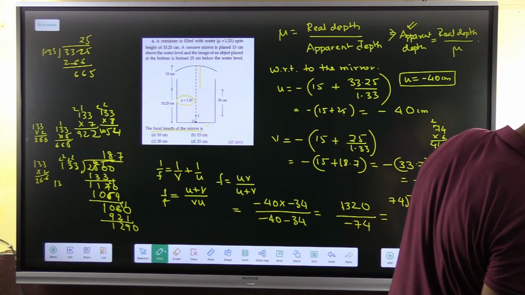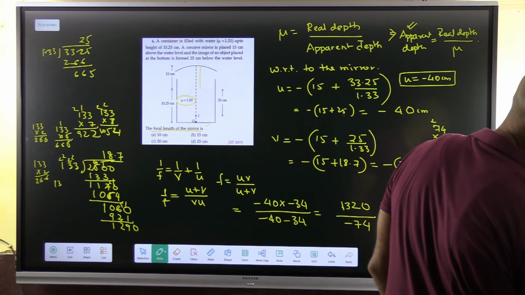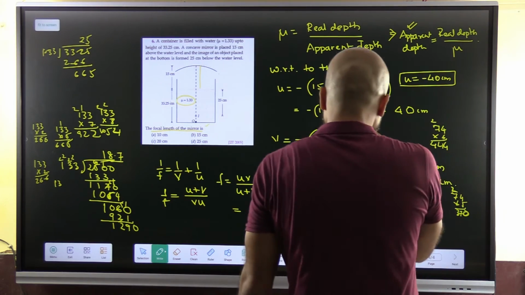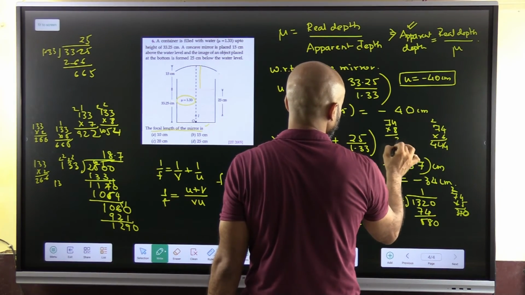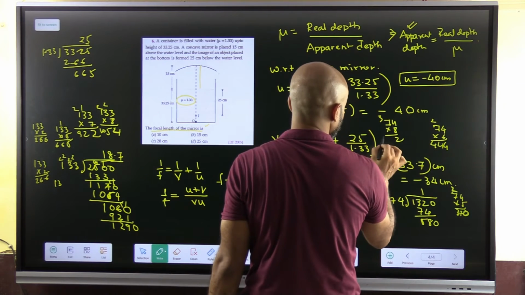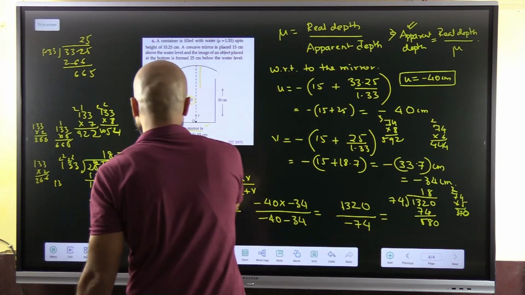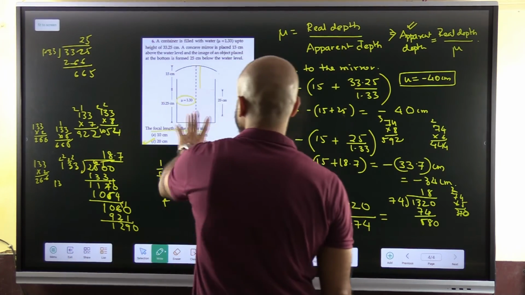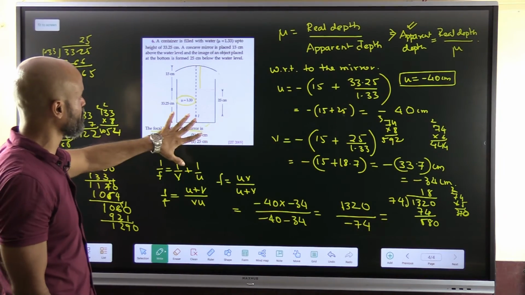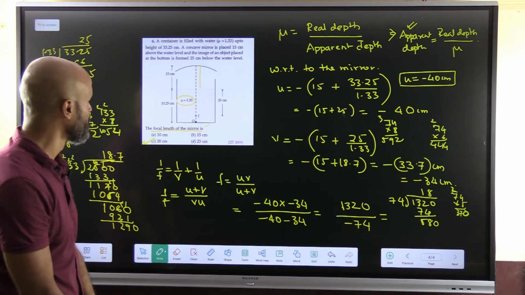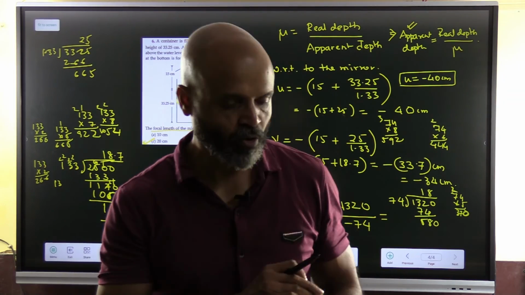The answer here. 8 4s are 32, 7 is a 56, 57, 58, 59. Approximately. So this will be the correct answer. The closest answer will be this 20. Okay. So this is the calculation for this particular problem. Lot of calculations involved, of course, but this will be the right answer. 20 centimeter.